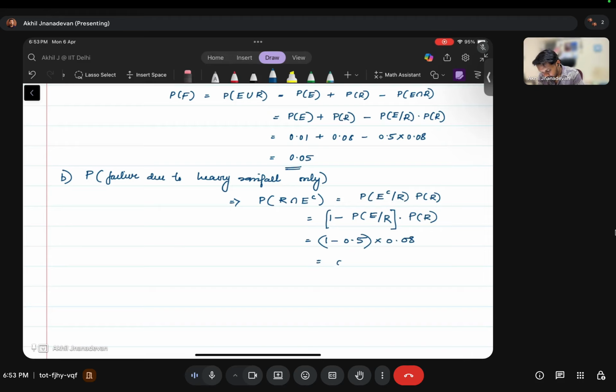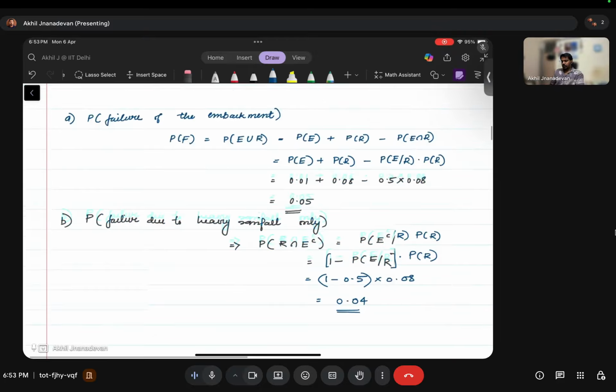So that would be 0.04. So this is the probability of failure due to heavy rainfall only.